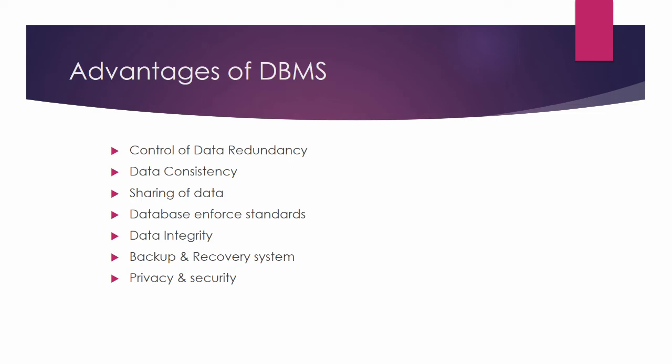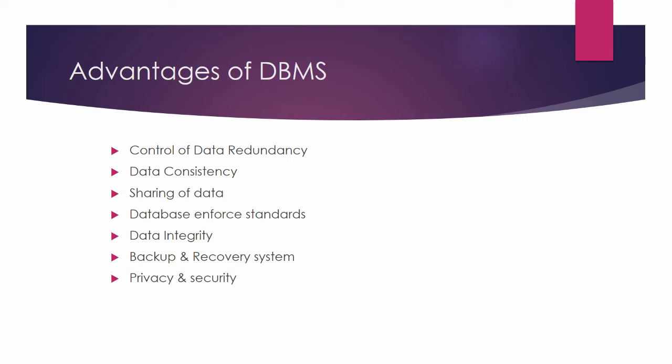Now next is data consistency. Again, as DBMS controls data redundancy, it will in turn control data consistency. Data consistency means if you want to update data in any file, then all the files should not be updated again.